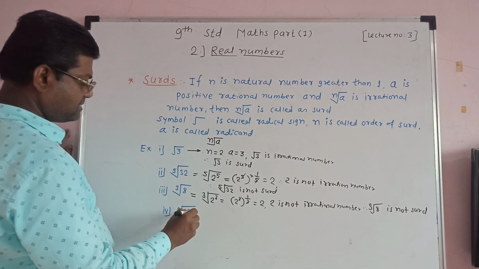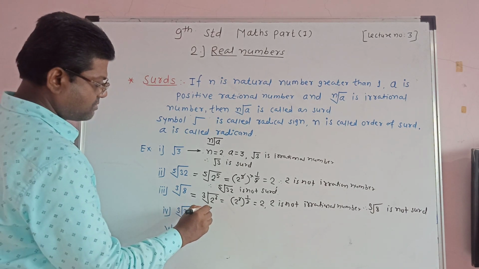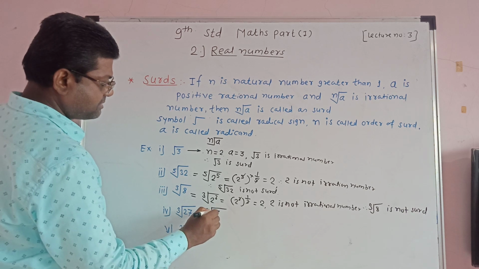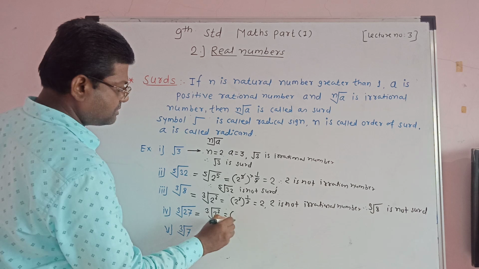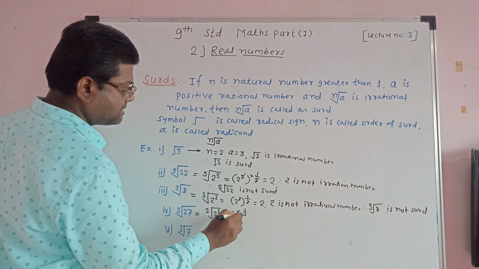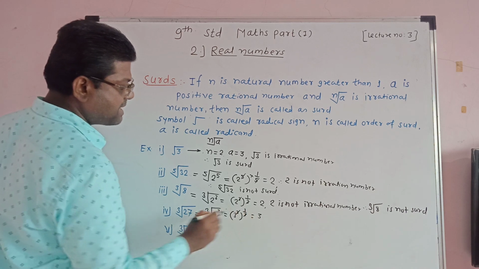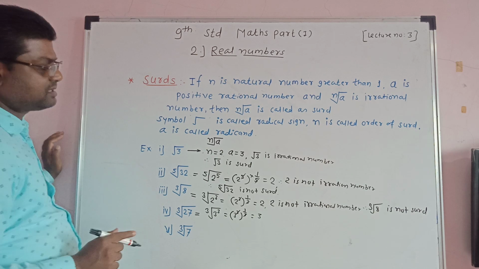Now let us see cube root of 27. 27 can be written as 3 raised to 3. So that is equal to 3 raised to 3, raised to 1 upon 3. The 3s will get cancelled, and the answer for cube root of 27 is 3.